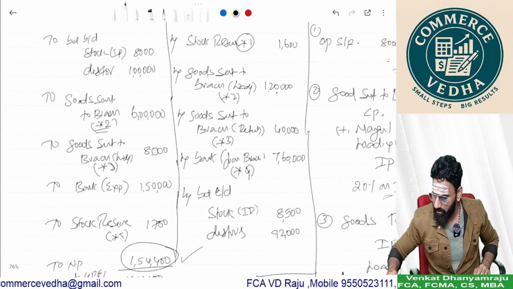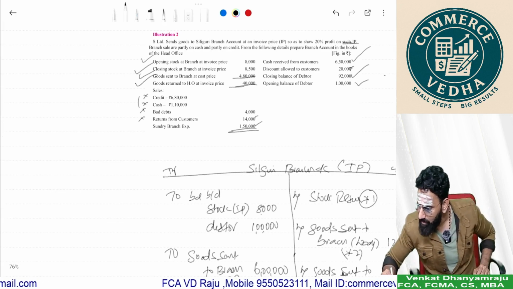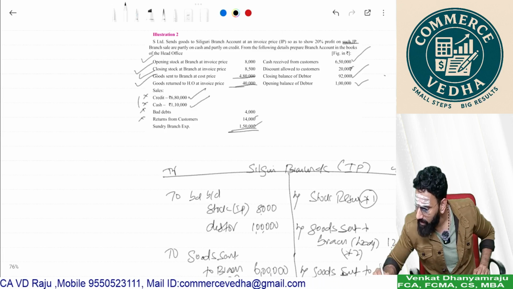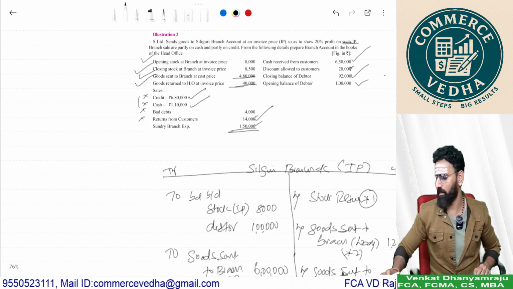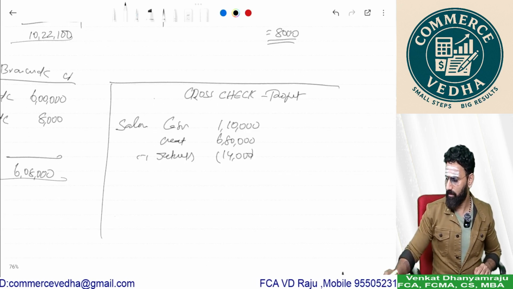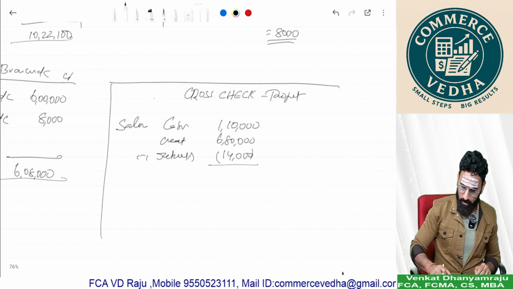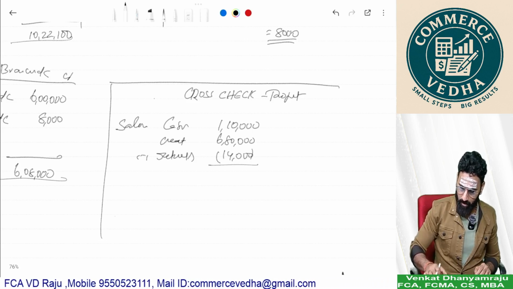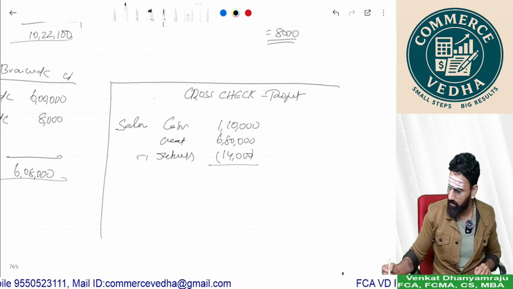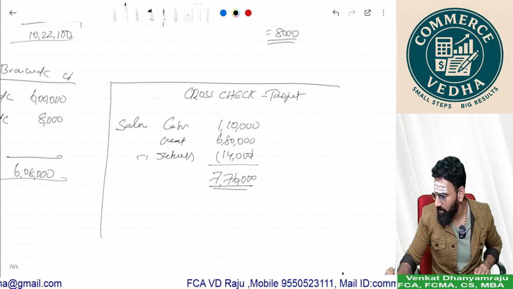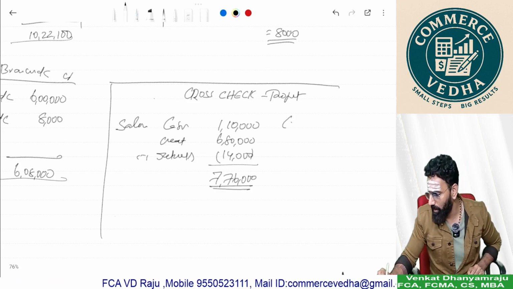Check once. Cash 110, credit 680, and sales returns 14,000. So my net sale is 680 plus 110 minus 14, which is 7,76,000.